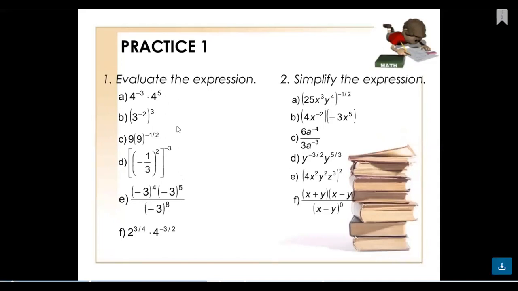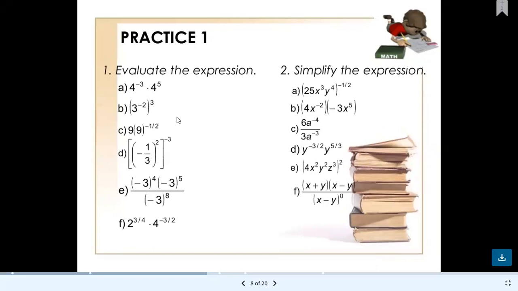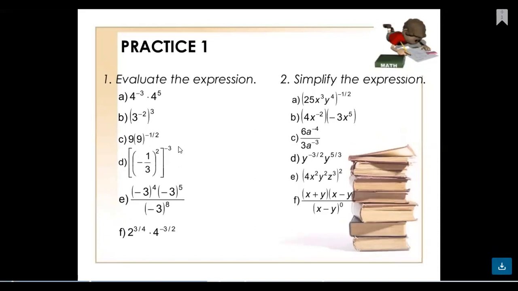Okay, next. Letter C. Try nyo rin sagutan ha, para ma-check kung tama ba yung understanding nyo. Okay, so next naman is 9 multiplied by 9 raised to negative 1/2. Yung numerator natin, ito yung nagiging exponent natin.